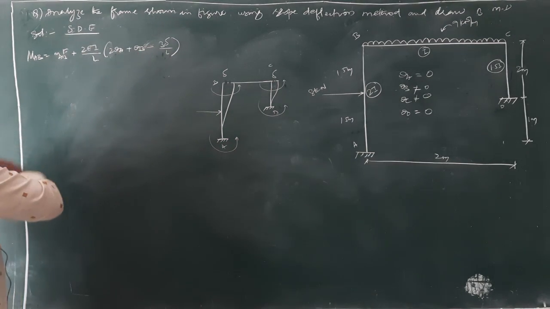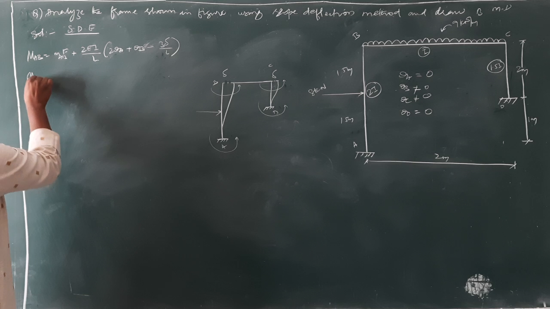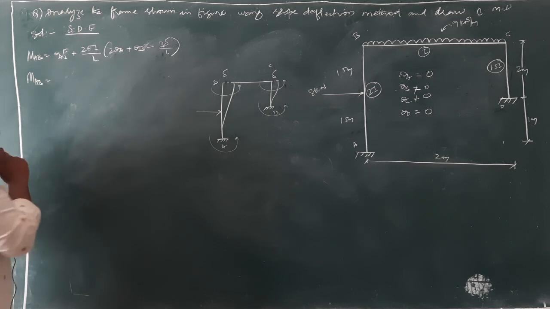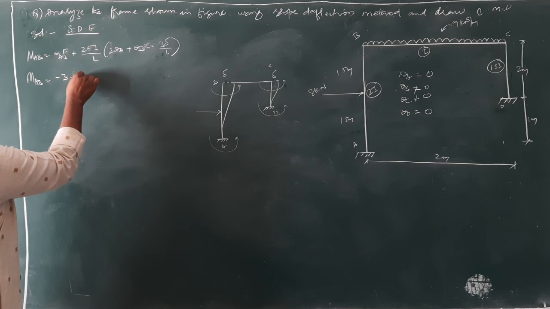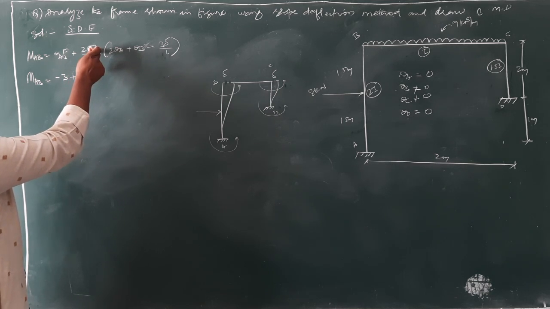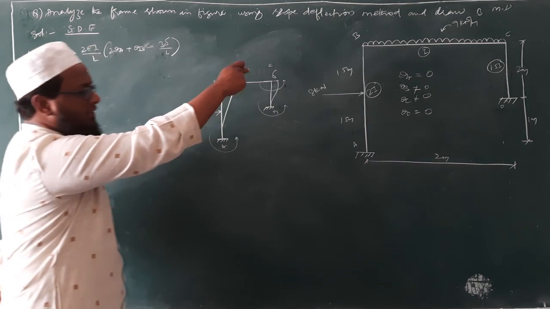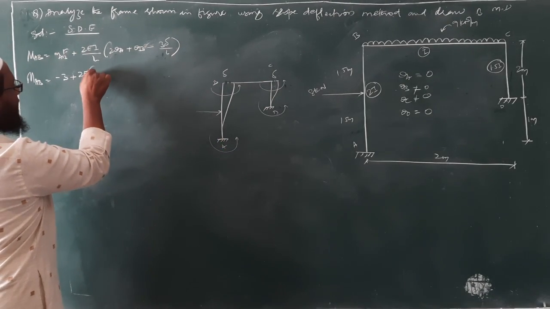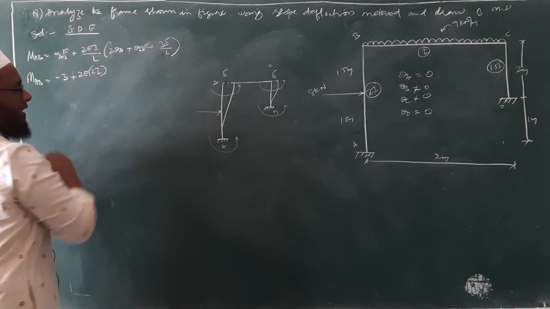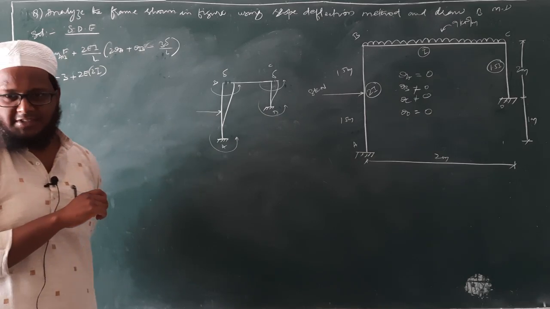So can you tell me this MAB? What is the value of MFAB we have? Minus 3 plus 2E. What about I for this AB? 2I. Yes. Again, it is full of calculations and observations.